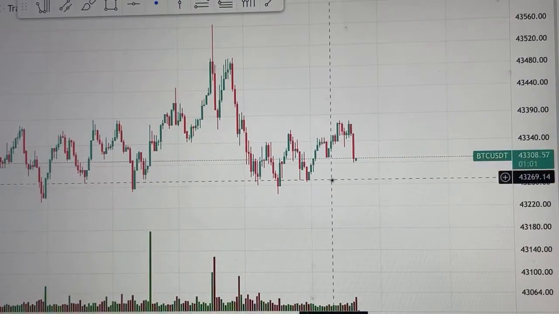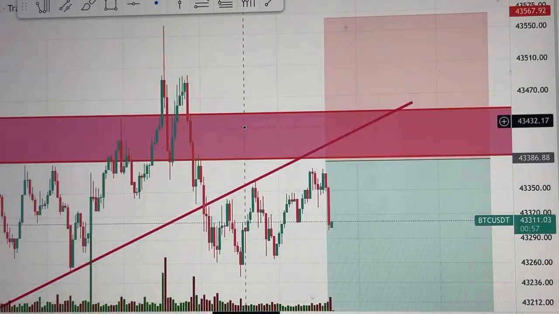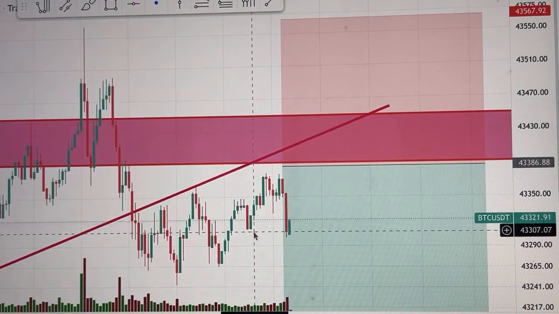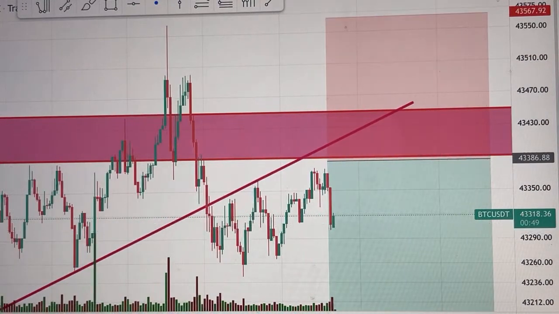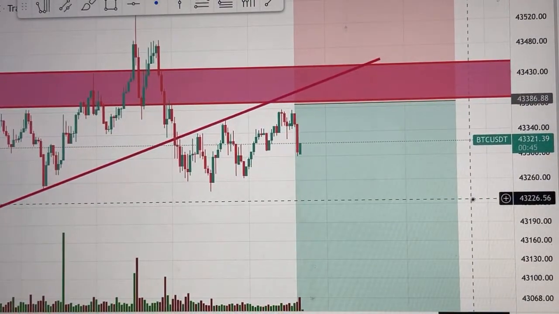So I think the downtrend has begun, and my sell limit position is not getting activated tonight.